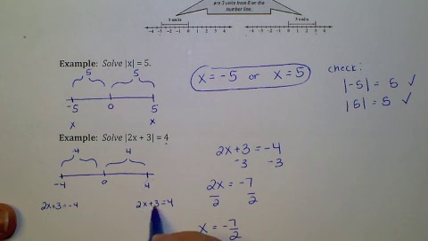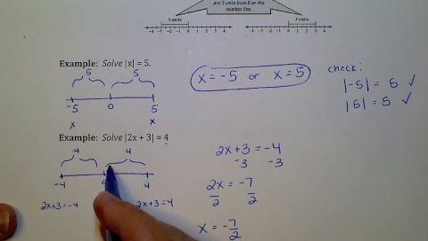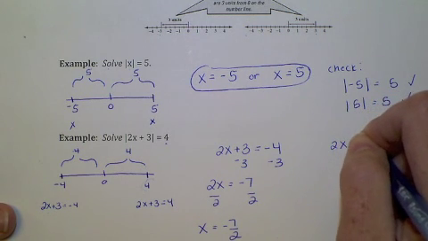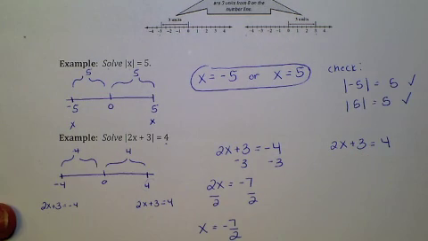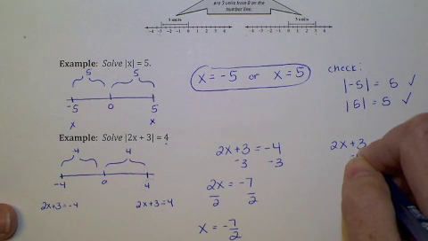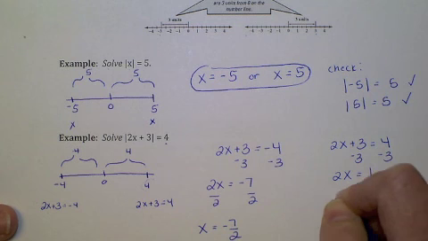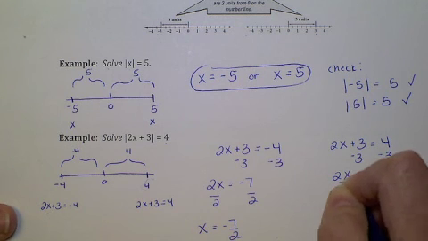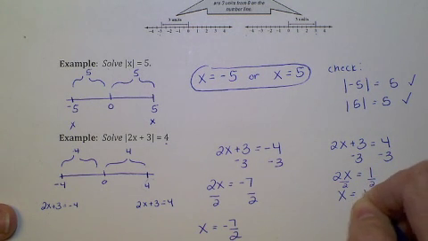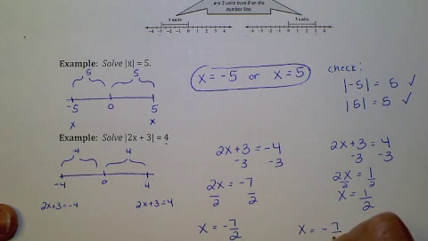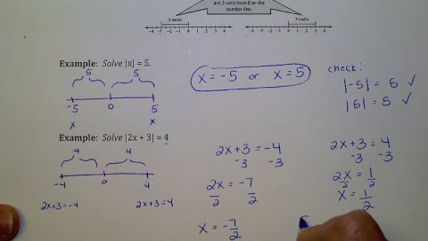Or if 2x plus 3 is 4 units in the positive direction, so 2x plus 3 equals +4. Subtract 3, gives me 1. All right, so then divide by 2. So that gives me x is 1/2. So I have two solutions, -7/2 or 1/2.